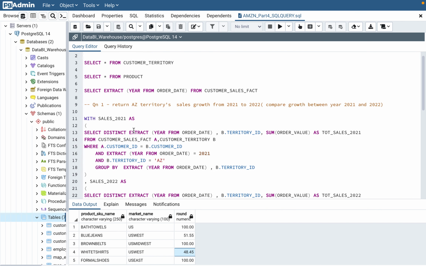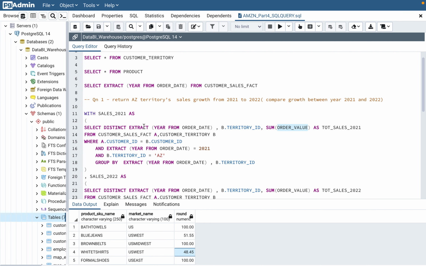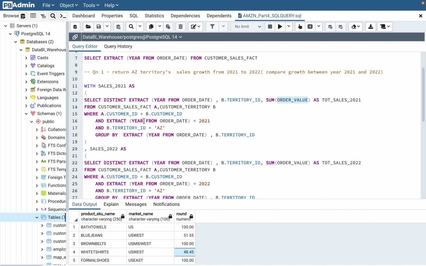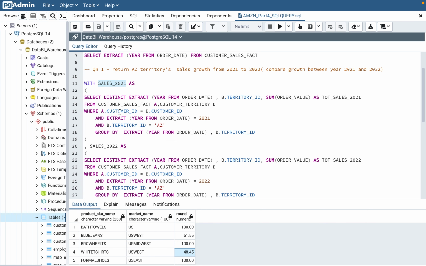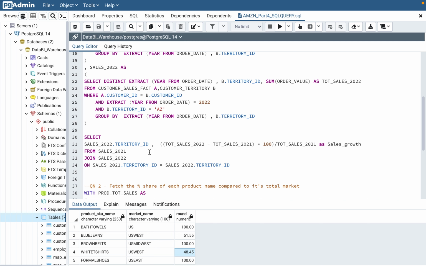So you need to get a summation first, because it's not just one row we are comparing. There can be multiple rows, and we need to sum up the entire value at a market level or at a product level. So that's why we need to write two different queries, store them in temporary tables, like with a common table expression, and then finally write a query to join both these tables and get the final answer to the question they're asking.